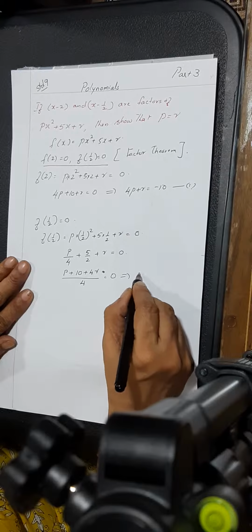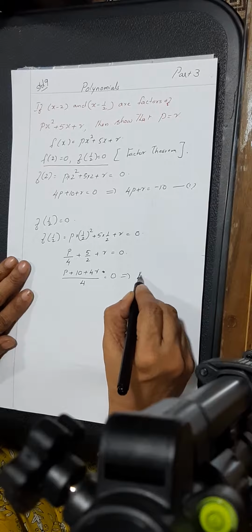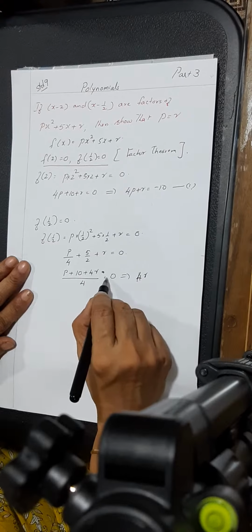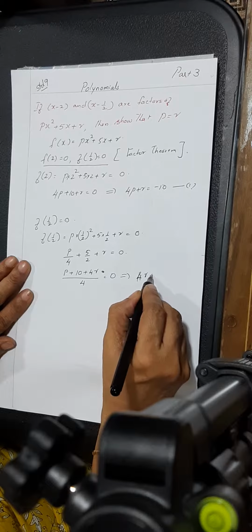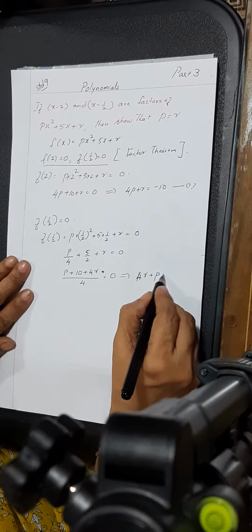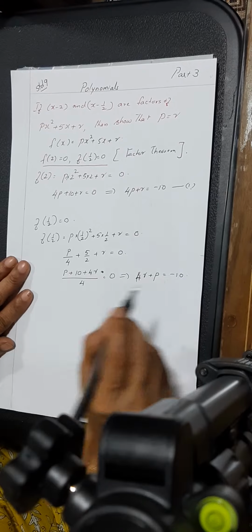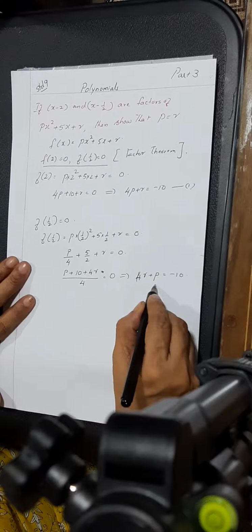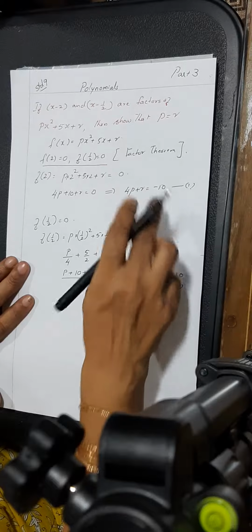So cross multiplying the 4, it becomes 0. So 4r plus p is equal to minus 10. So this is the second equation. So both are minus 10.